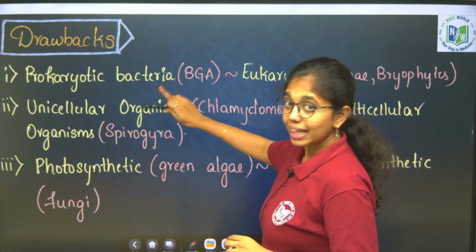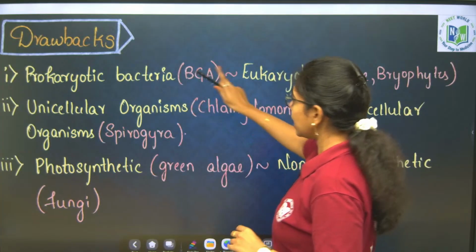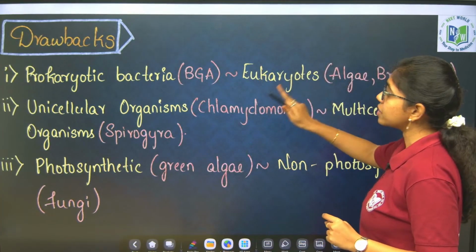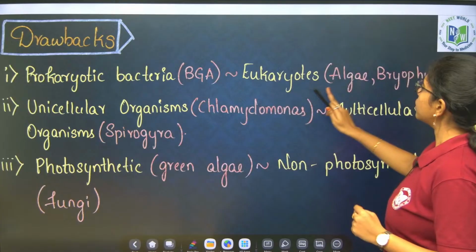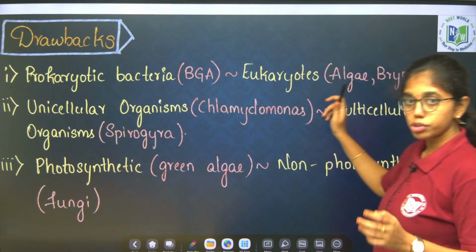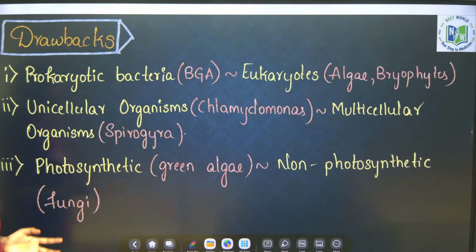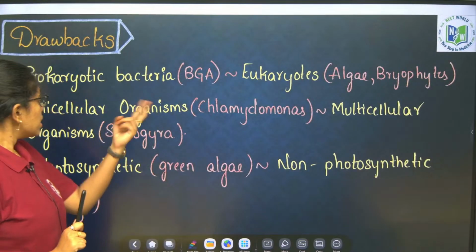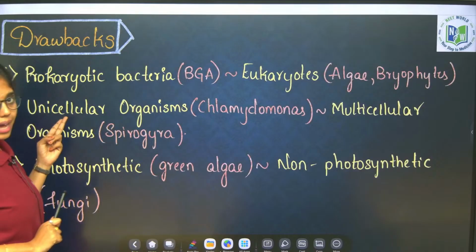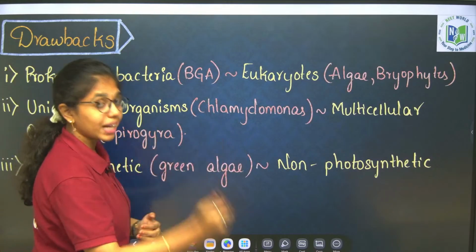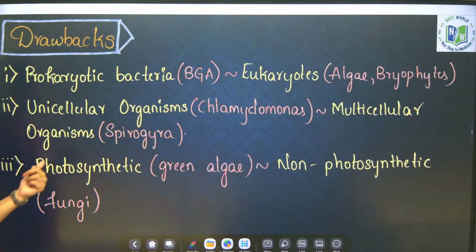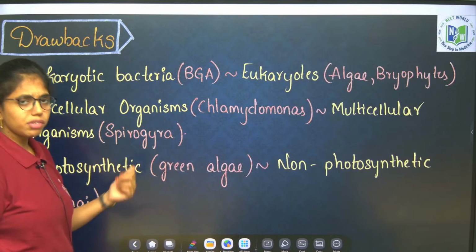So, first let us look into the drawbacks of the two kingdom system of classification. Prokaryotic bacteria, that is blue green algae, are placed along with the eukaryotes, that is algae, bryophytes, pteridophytes, gymnosperms and everything. So, prokaryotes and eukaryotes are placed under the Plantae kingdom only, that is one drawback. Second, unicellular organisms like Chlamydomonas are placed along with multicellular algae like Spirogyra, which is filamentous.